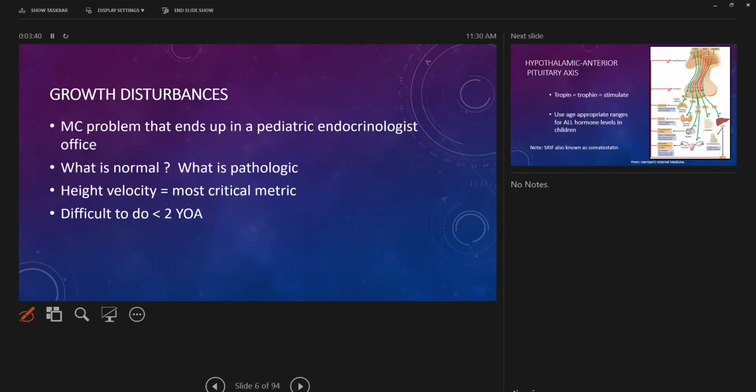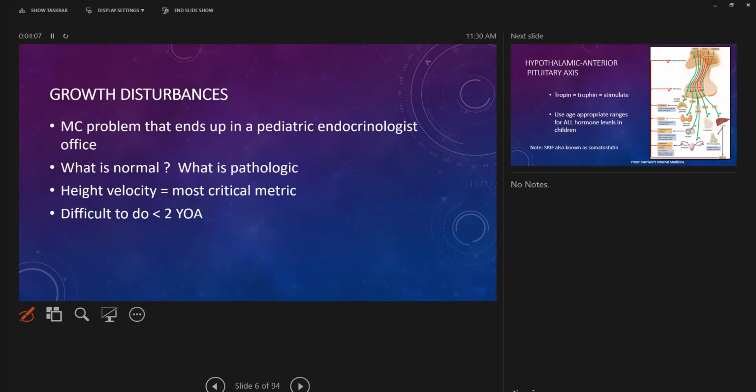When we talk about growth disturbances, we need to understand that from a pediatric perspective, this is the most common problem that ends a child up in a pediatric endocrinologist's office, meaning that it's usually the growth or some other complaint that brings the child in, and that gives us a cue that we may have an endocrinopathy and therefore refer.